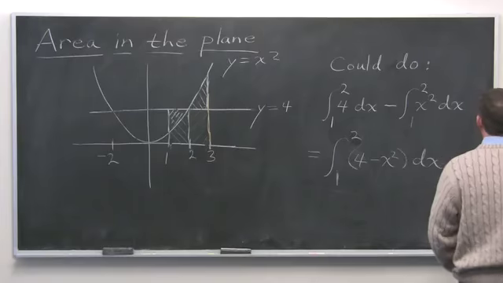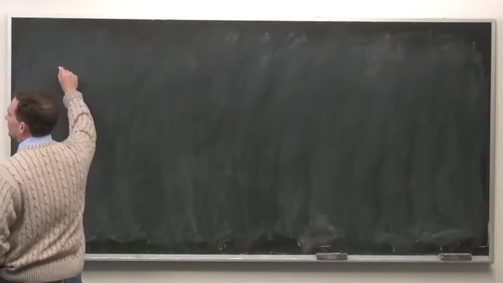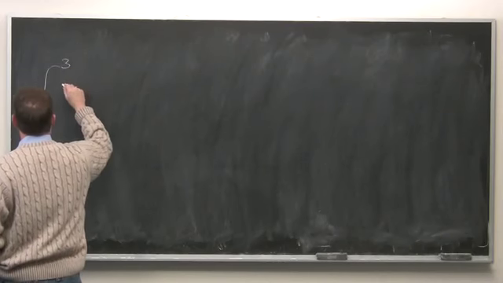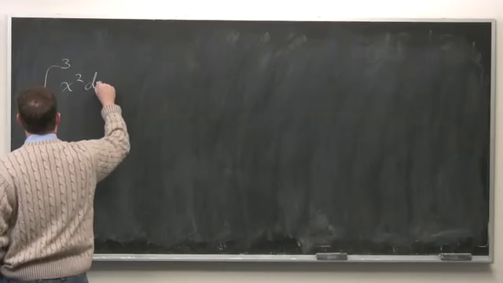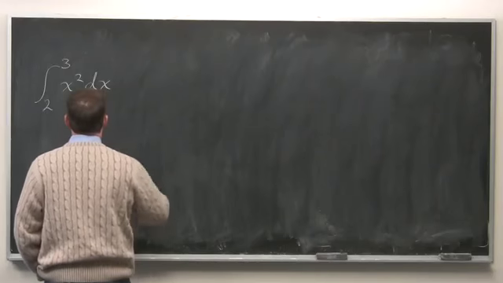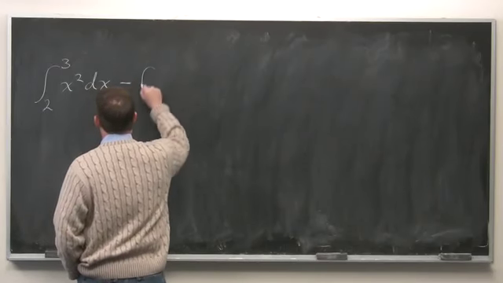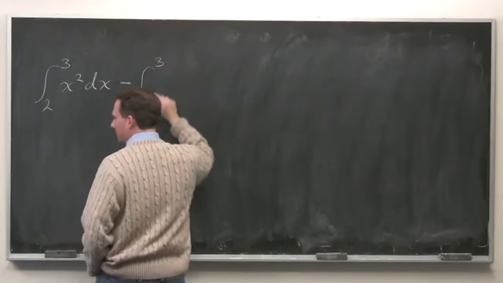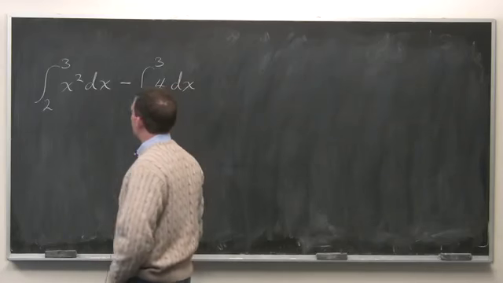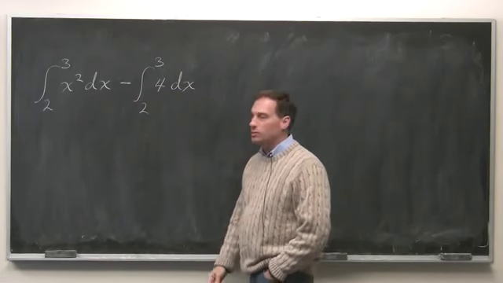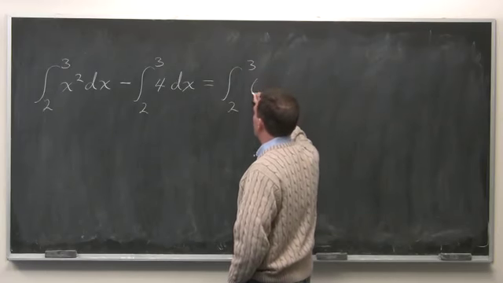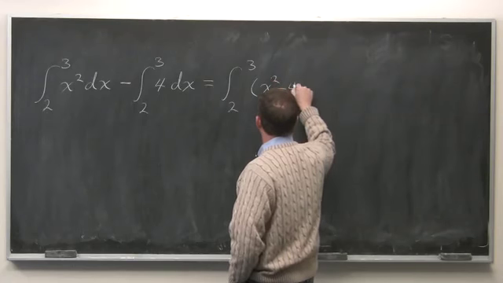So between 2 and 3, you could take the integral from 2 to 3 of x squared dx and then subtract the missing area from the rectangle, which we once again will, instead of using a nice easy formula for a rectangle, write in terms of an integral, so that we can subtract and get the integral from 2 to 3 of x squared minus 4 dx.